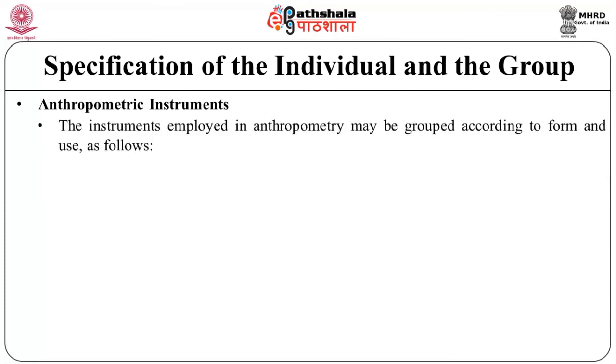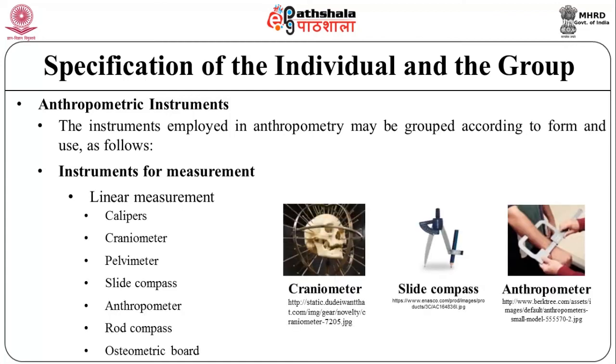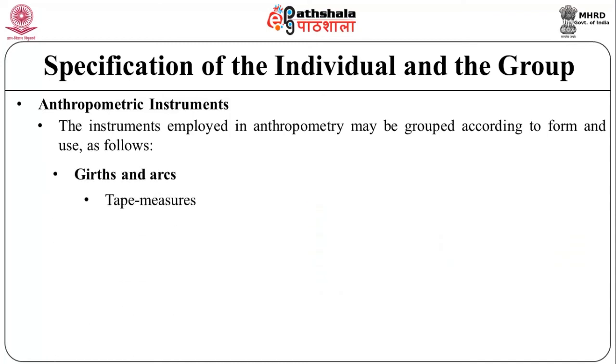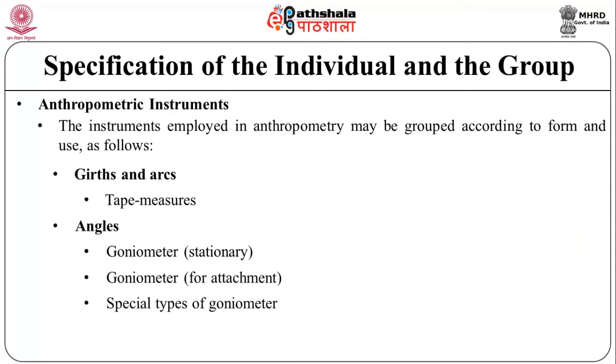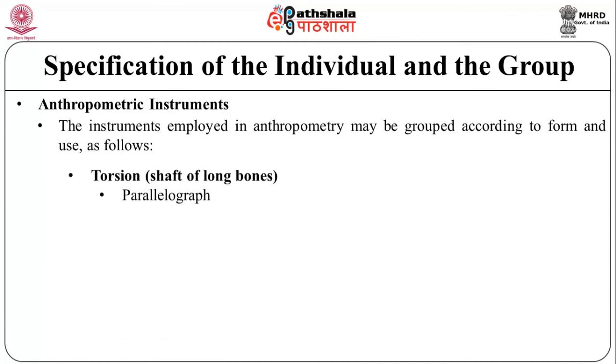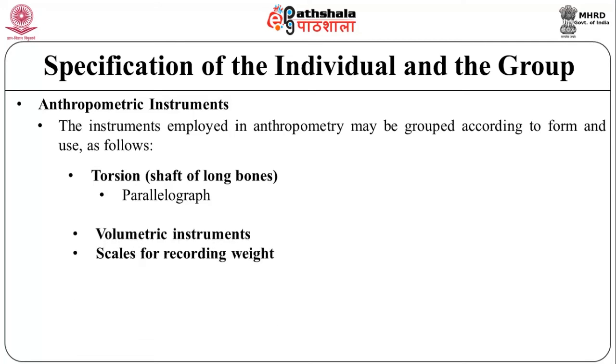Anthropometric instruments: the instruments employed in anthropometry may be grouped according to form and use as follows. Instruments for linear measurements: you have to use calipers, craniophore, craniometer, pelvimeter, slide compass, anthropometer, rod compass, osteometric board, tape measurements, and so on. For angles: goniometer for attachment, special types of goniometer, torsion angle, that is, the shaft of long bones. Also the pallograph, volumetric instruments, and scales for recording weight.